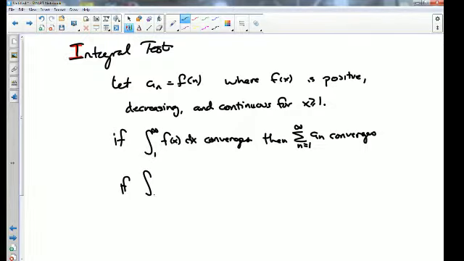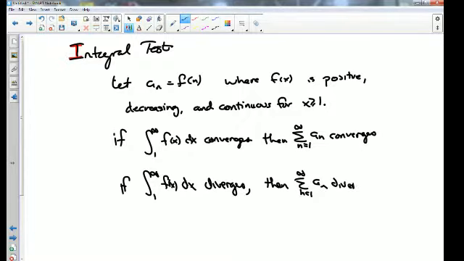Similarly, if the integral diverges, so does the series. Good with that? I'll work you through a couple examples, and we'll be good.